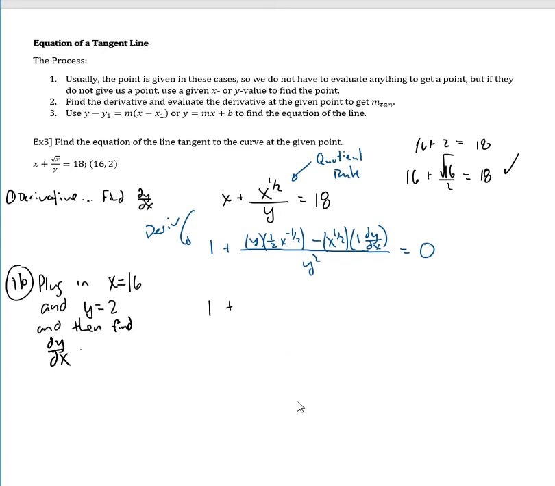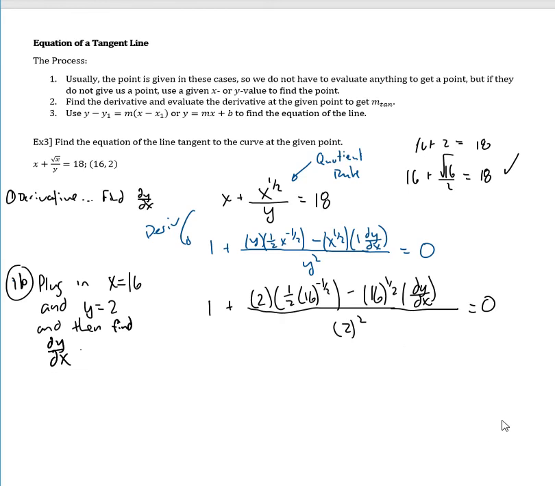So 1 plus, and then the y we're saying is 2, times 1/2 times 16 to the negative 1/2, since x is 16, minus 16 to the 1/2, times dy/dx, all over y squared, which would be 2 squared, set equal to 0.